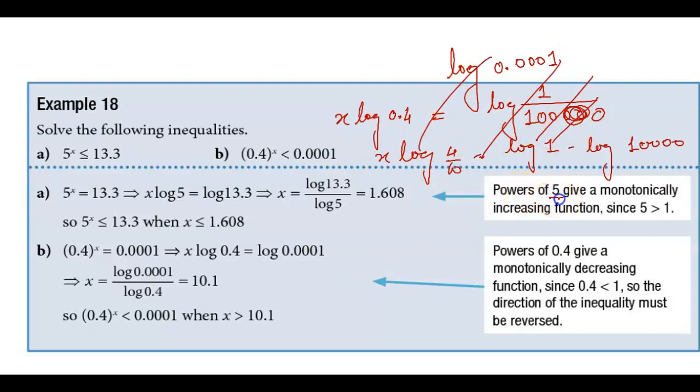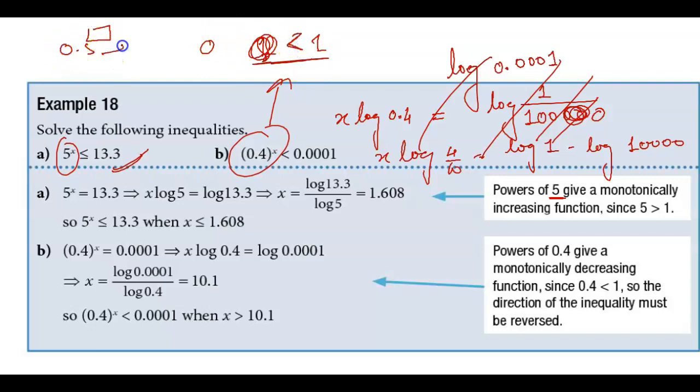Power of 5 gives a monotonically increasing function since 5 is greater than 1. That was for the first one. It will be increasing. But for a decimal, children, that is if it is less than 1, the greater the power, suppose I have 0.5, the value will decrease, right?